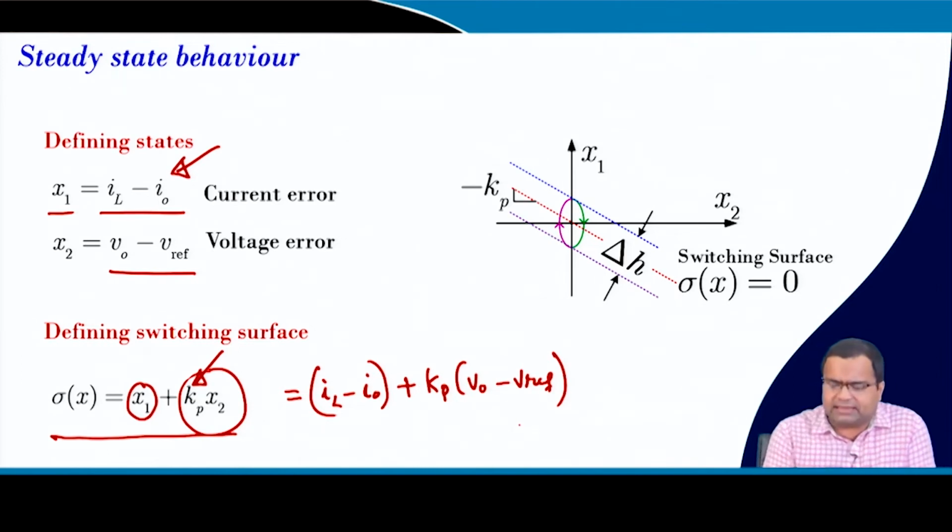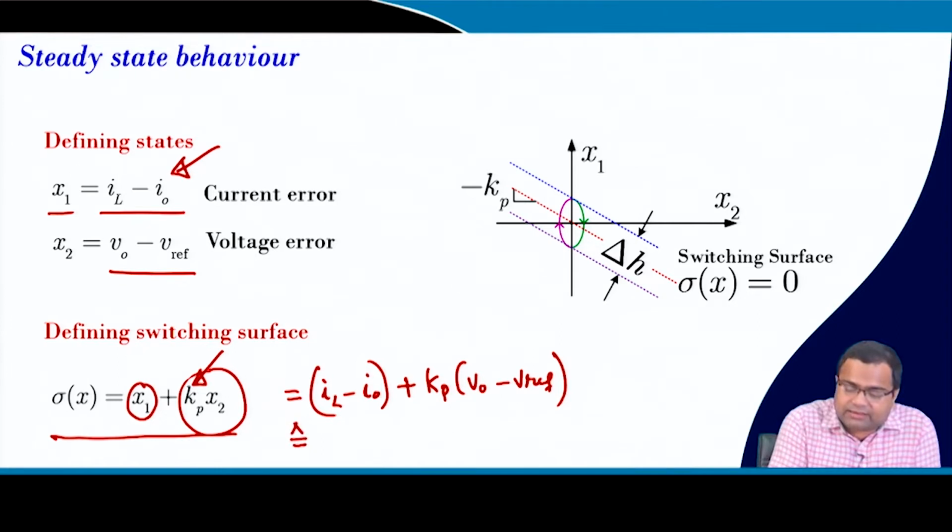We can also write this in an alternative way: I0 minus IL plus Kp into Vref minus V0.